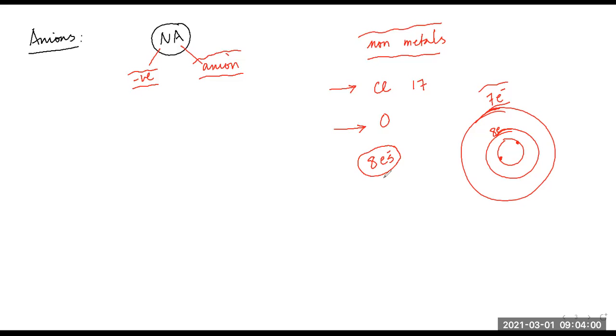That is the characteristic of noble gases. So all the atoms have a tendency either to give out electrons, becoming positively charged ions, or to take electrons, becoming negatively charged ions known as anions. And after giving out electrons, like most of the metals do, they become cations.